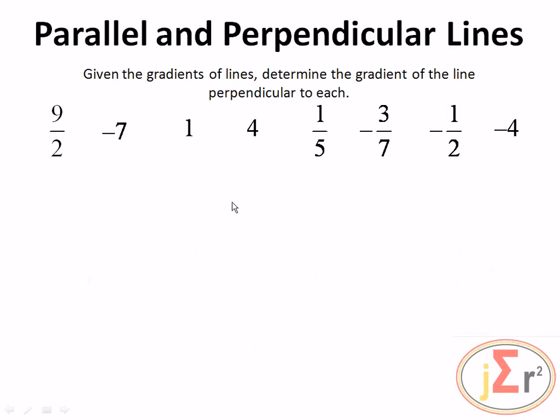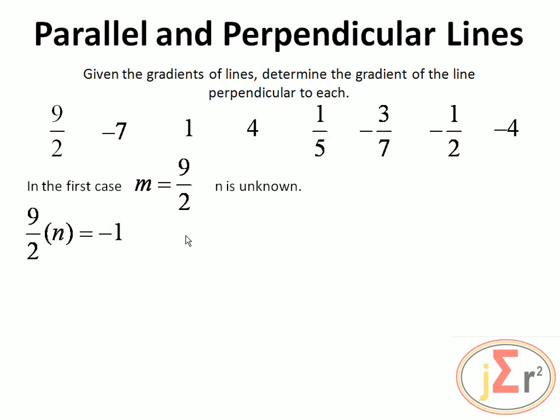So now we have some gradients. These are the gradients of some lines, and we are going to determine the gradient of a line perpendicular to each one. But first, let us look at m is equal to 9 over 2, and n is unknown. So mn is equal to negative 1. So 9 over 2 times n is equal to negative 1.